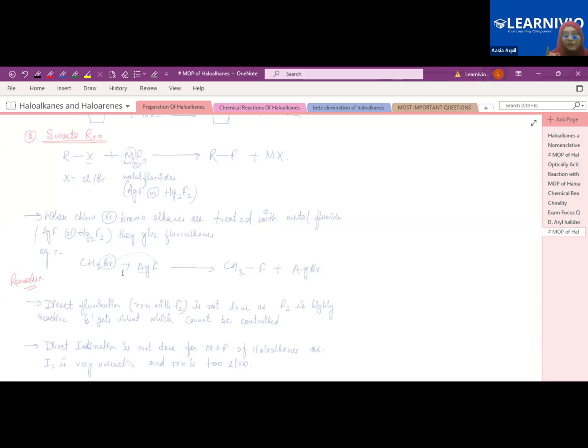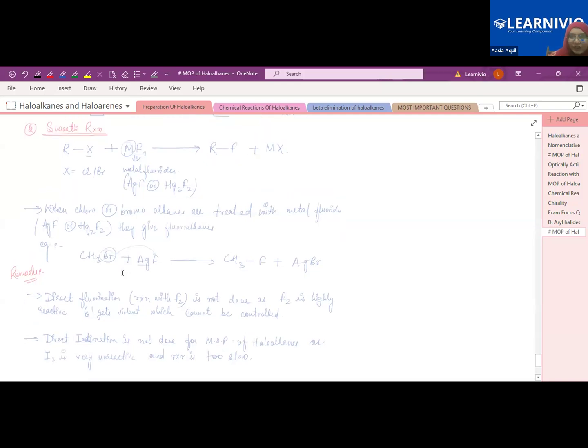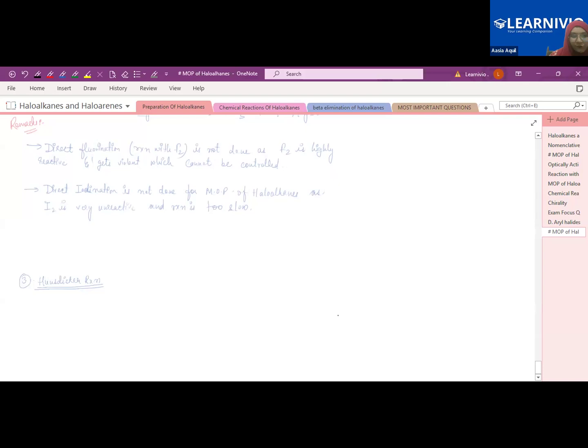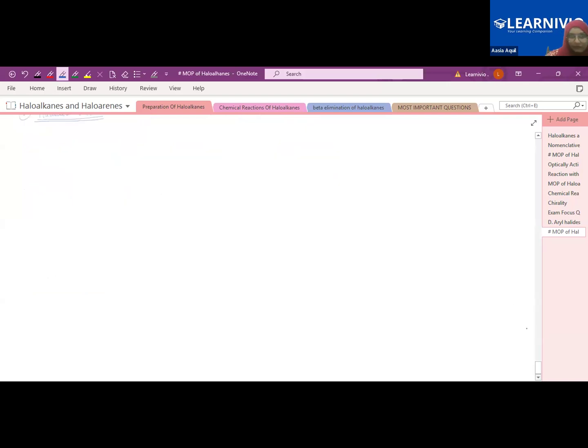We use metal fluoride, like silver fluoride or mercurous fluoride, Hg2F2 or AgF. So the Finkelstein reaction was the preparatory method for iodoalkane, and the Swarts reaction was for fluoroalkanes.